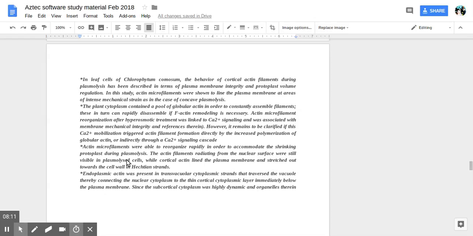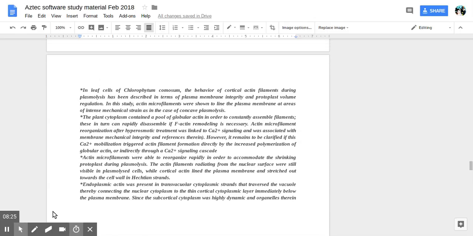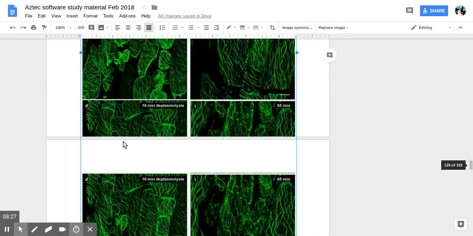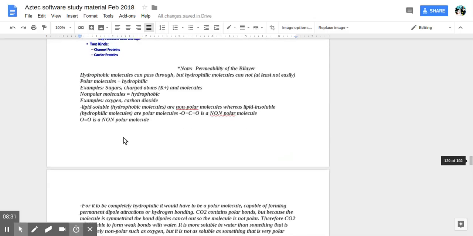In this study, actin microfilaments were shown to line the plasma membrane at areas of intense mechanical strain, as in the case of concave plasmolysis, in the plant cytoplasm. We saw that earlier in the diagram.